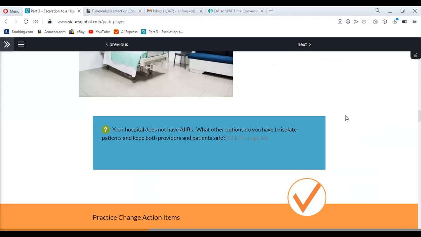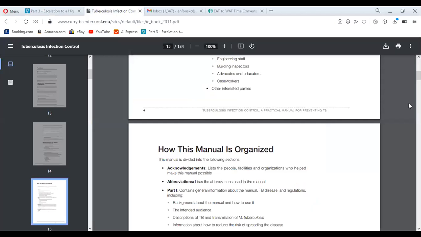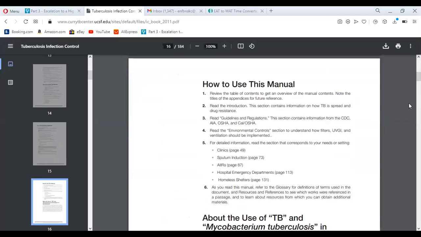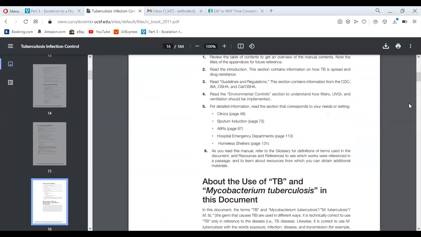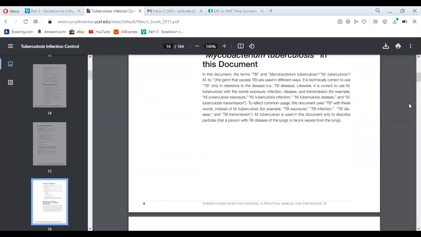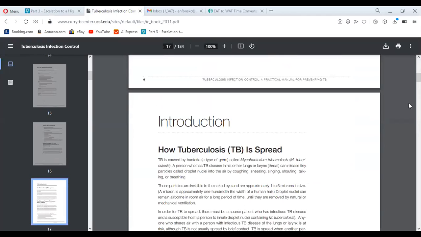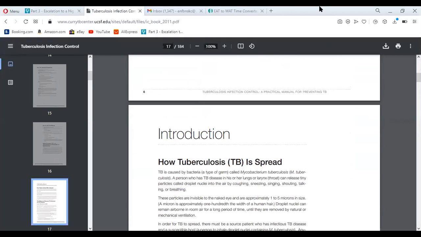Ventilation can reduce the risk of infection through dilution and removal, because by allowing outside air into the room you are diluting the concentration of infectious particles, thereby reducing the risk of infection.